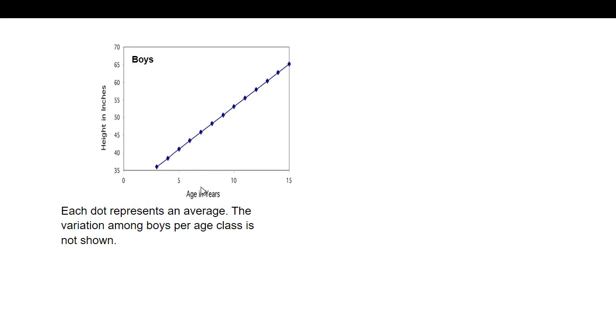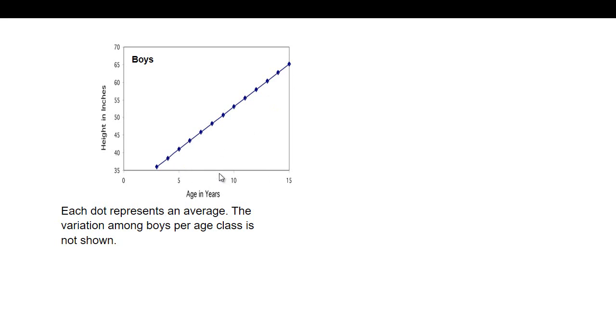Then we do the same thing at each age level. If we use the average height, we get a very strong linear relationship that we have here.